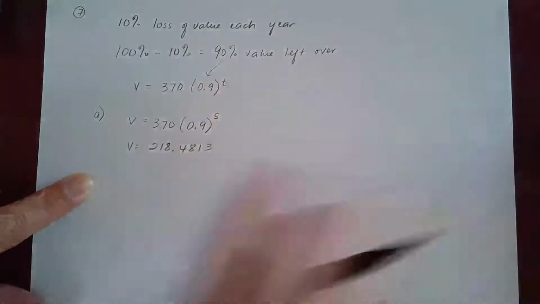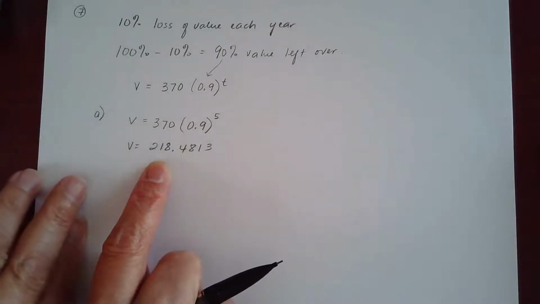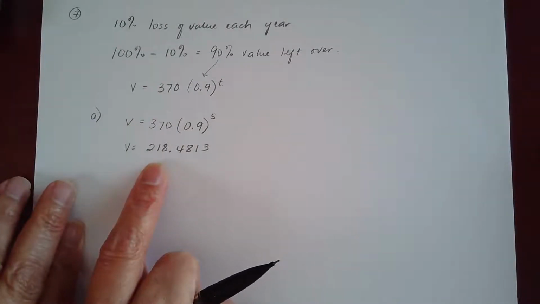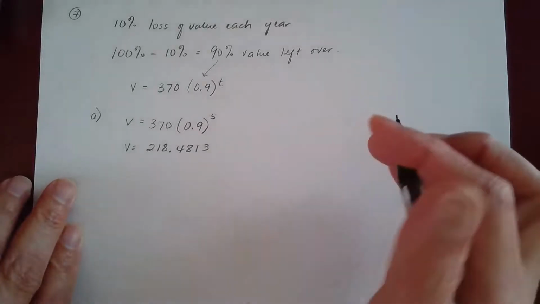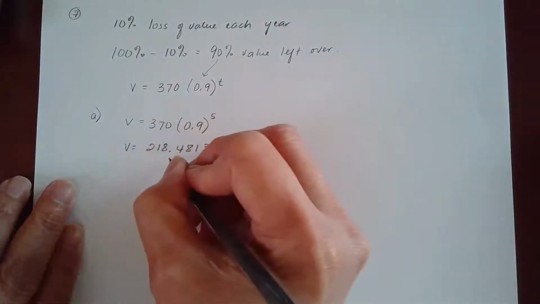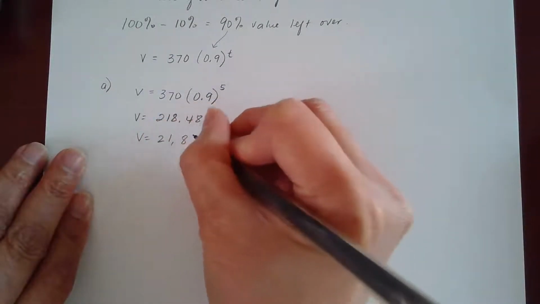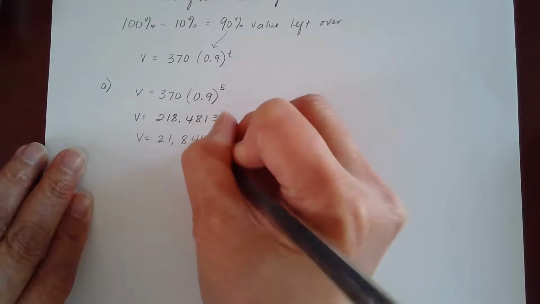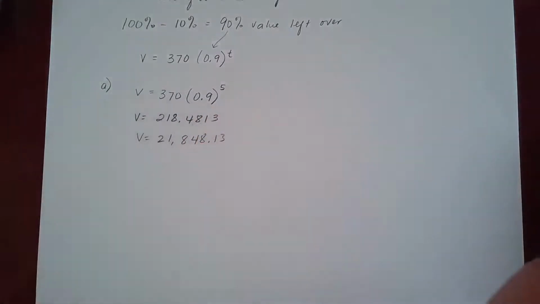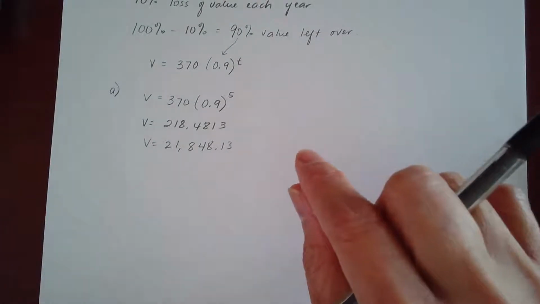218.4813. Now that doesn't mean it's $218 because this is in thousands. So timesing it by thousand, so V equals $218,481.